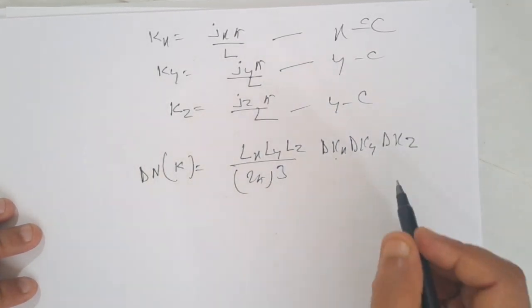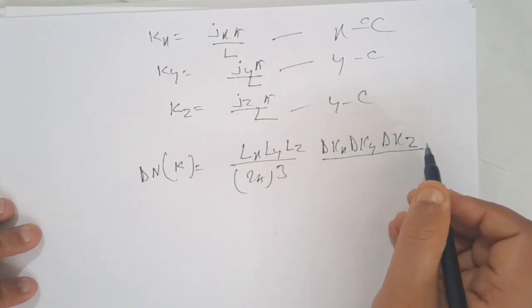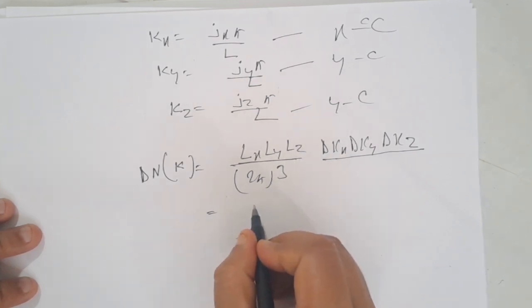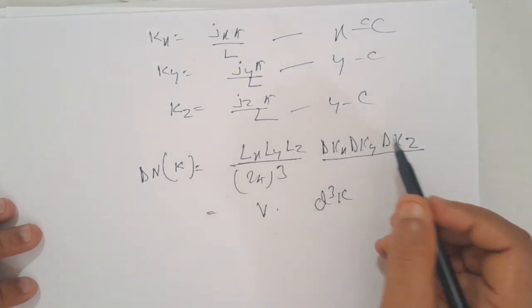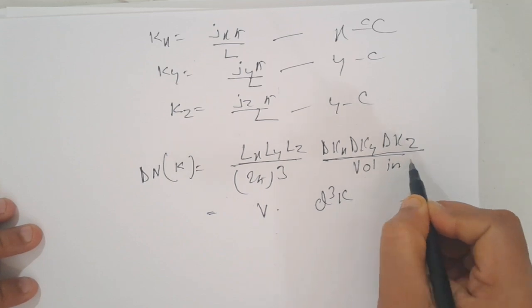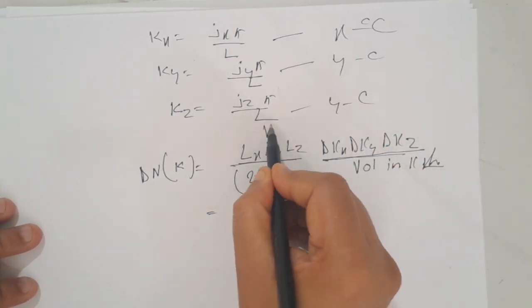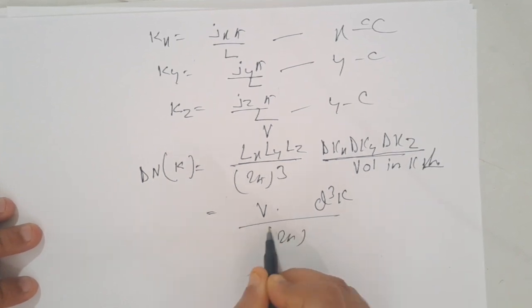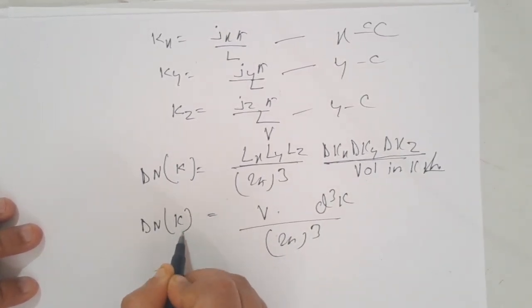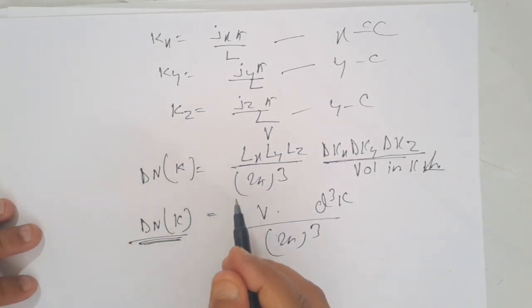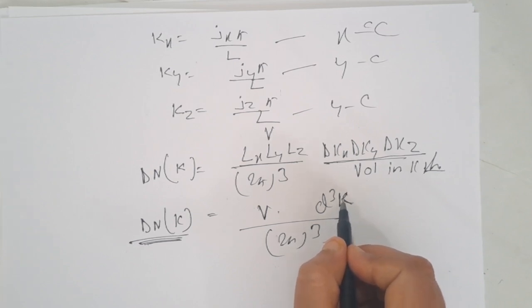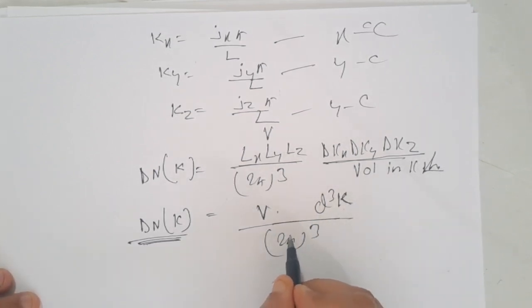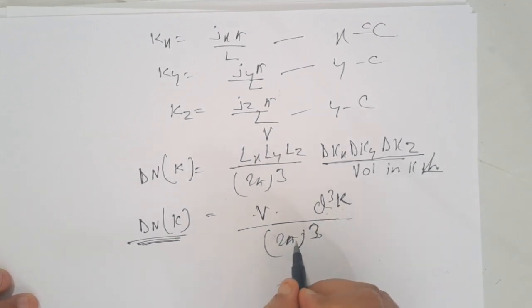Or we can write this as V, and this one is d^q k, the volume in k space, and this one is volume V. So V divided by (2 pi)^q times d^q k is the number of modes for the wave number in the volume in k space.